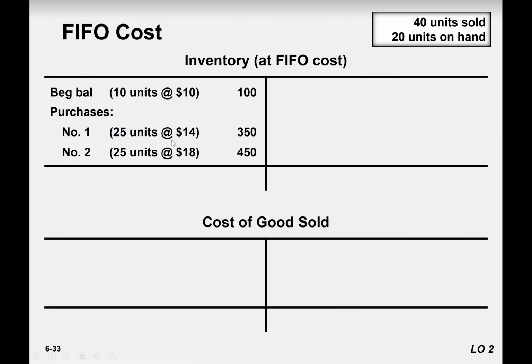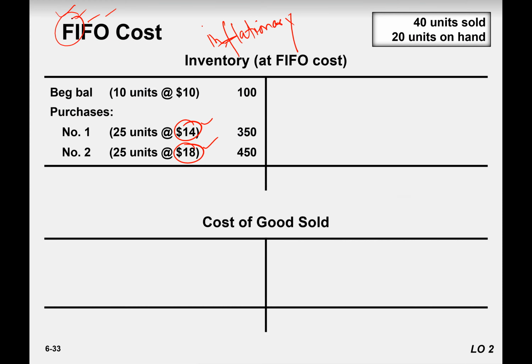This is an inflationary period. We purchase things at different prices, sometimes at lower cost, sometimes at higher cost, but normally at higher cost. Why? Because prices are increasing. So FIFO, first in, first out.